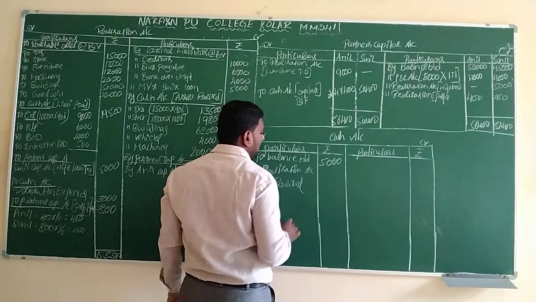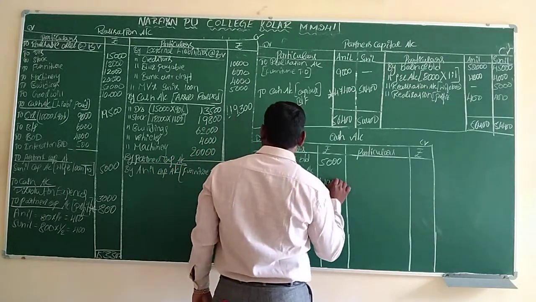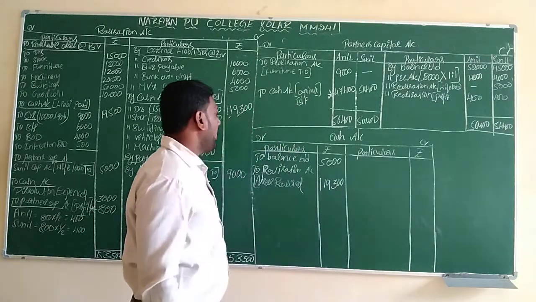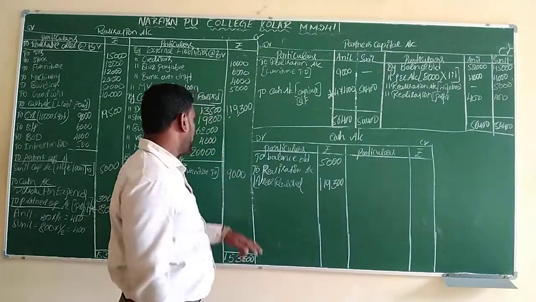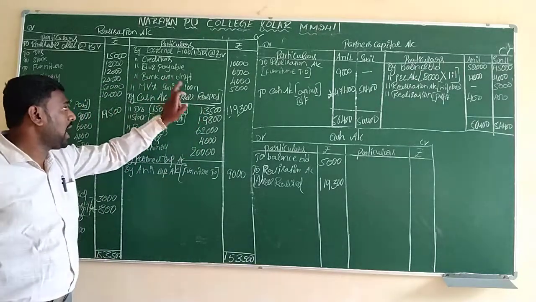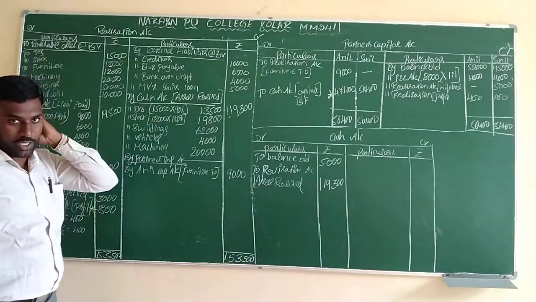The value of assets realized is 1,19,300 rupees. That value we have to transfer to the debit side of the cash account.